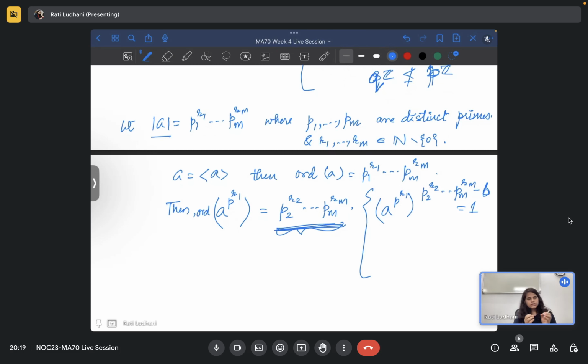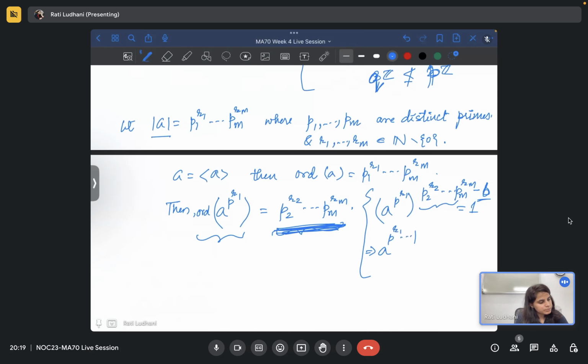So as you asked, the order will divide this part, but how can we say that this is exactly equal? What we have to prove is that if we reduce it, if it is less than that, then if we power it, we will not get 1. So let's do minus b. What will happen in the power?